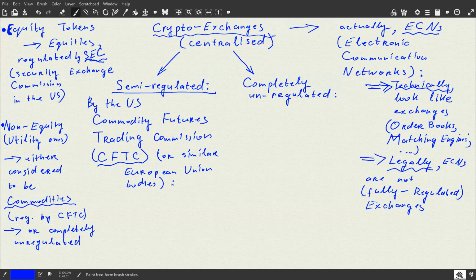So first of all, Kraken, Gemini, Coinbase, for example Coinbase Pro, and in the European Union, Bitstamp.